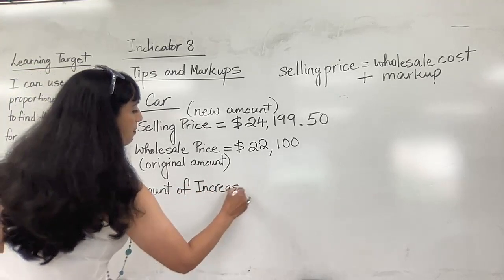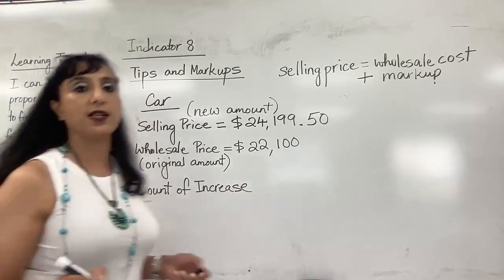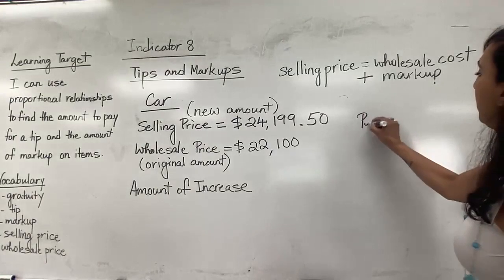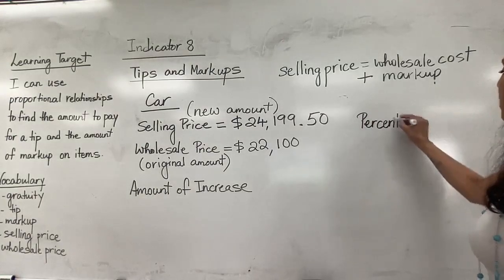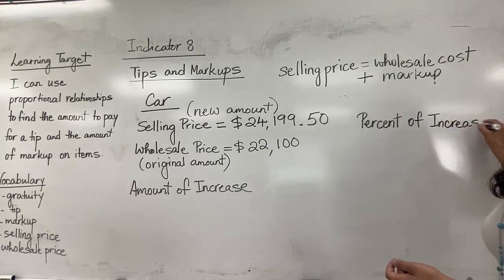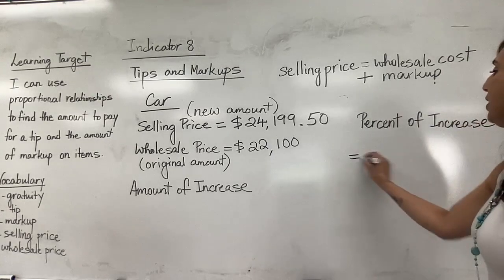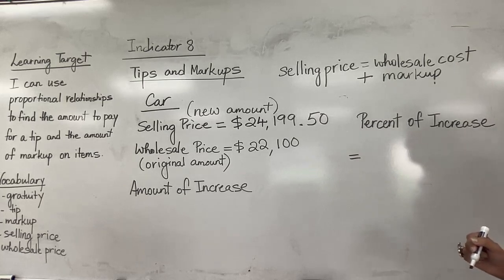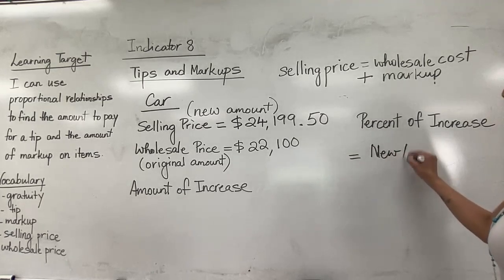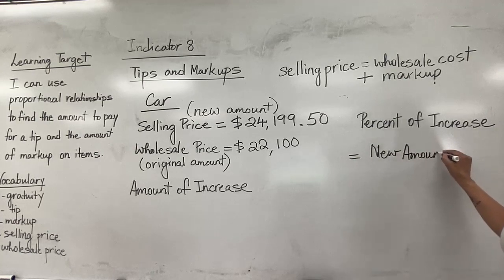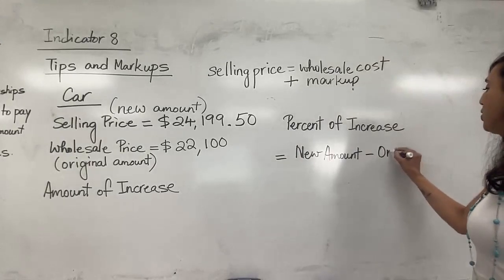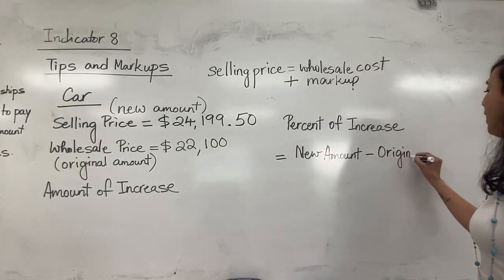If you remember the formula from indicator 7, percent of increase, because the price has gone up, is equal to the new amount minus the original amount, to give me the part of the whole.